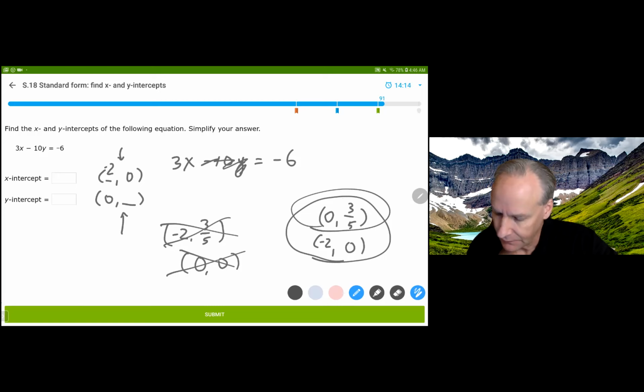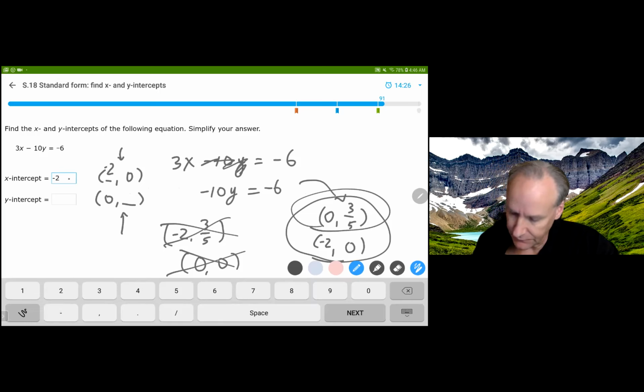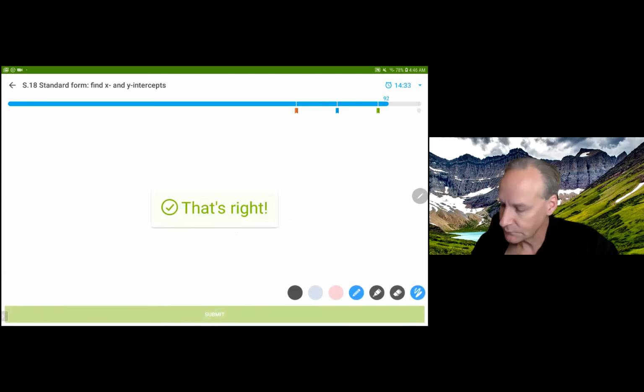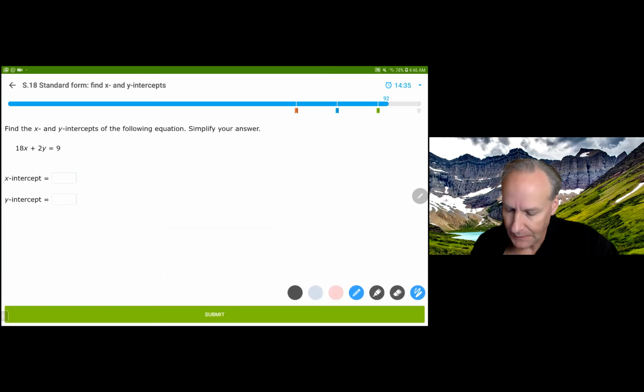Okay. So I'm going to substitute in this one, and I have -10y equals -6, and I'm going to divide by -10 on both sides and get my 3/5. So x is at -2, 0, y value is 0, 3/5. Probably too much information. Sorry about that.